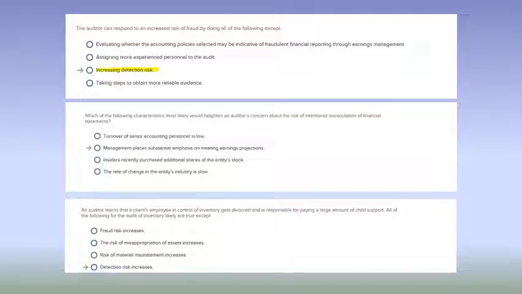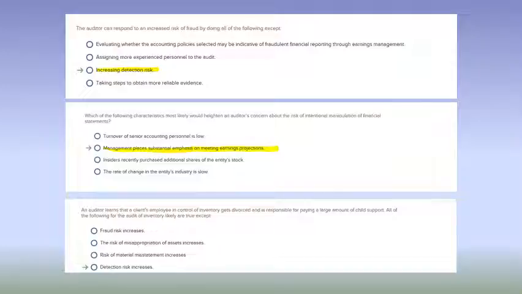Which of the following characteristics most likely would heighten the auditor's concern about the risk of fraud? Management places substantial emphasis on meeting earnings projections. That's a rationalization. That's incentive and pressure, and we saw that if they're particularly concerned about that, that would lead them to engage in financial reporting fraud, and that falls under the incentive and pressure category.